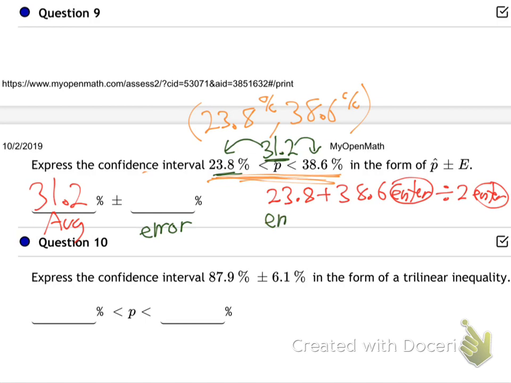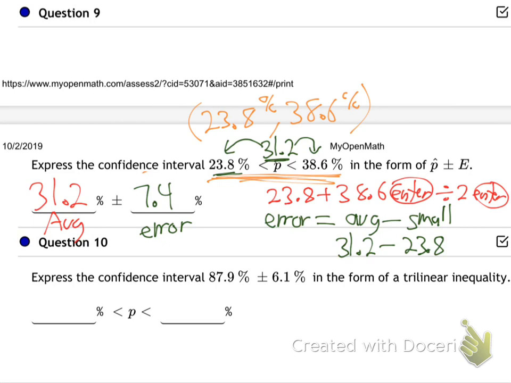So the error will be the middle, the average number, minus the small. So 31.2 minus 23.8. What is that? 7.4. So the error amount must be 7.4. In other words, 31.2, give or take 7.4, is the same thing as 23.8 to 38.6. 2 ways of saying the same thing.